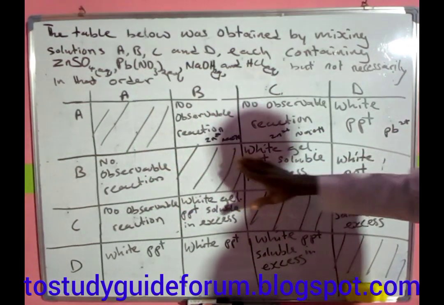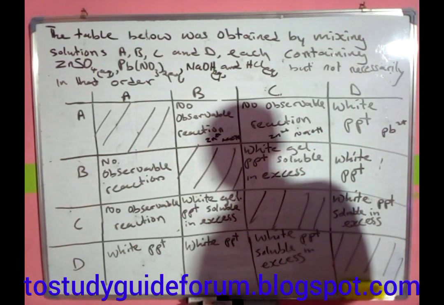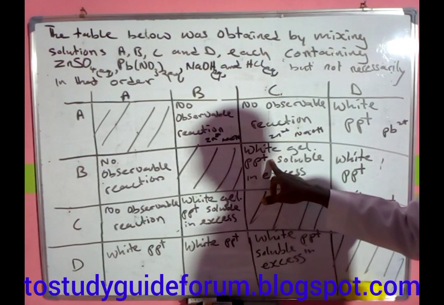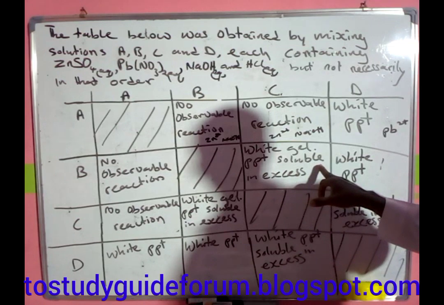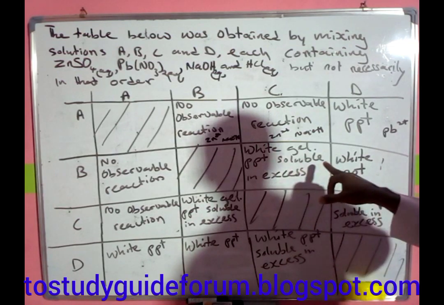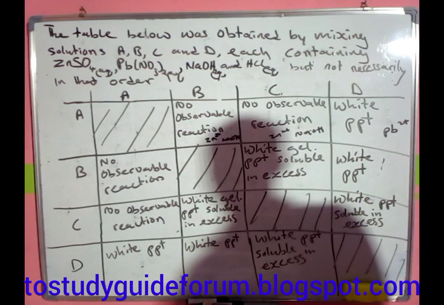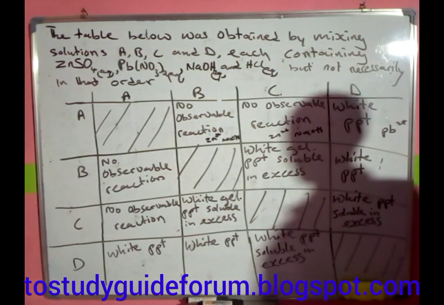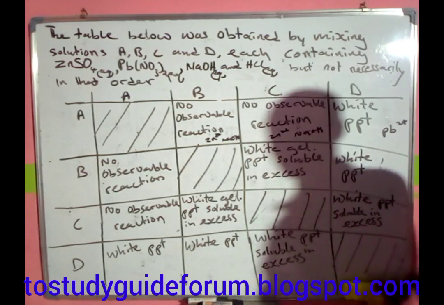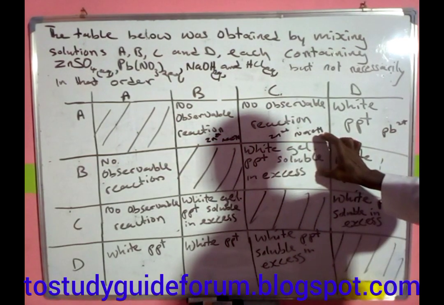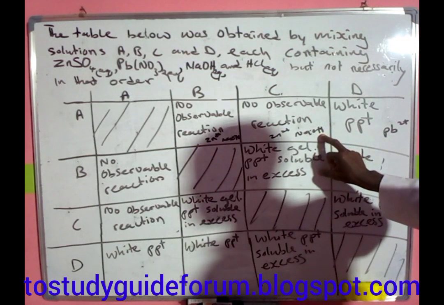Coming down again, now coming to this place, we have a white gelatinous precipitate soluble in excess. Now this is one of the features that tell us that what we have here is likely to be lead or zinc.